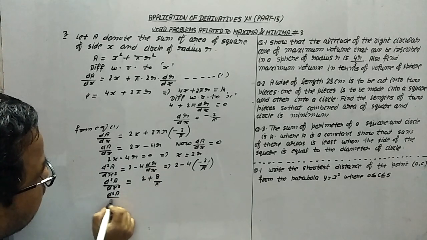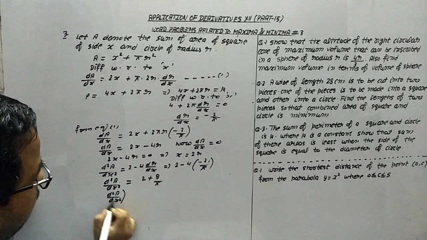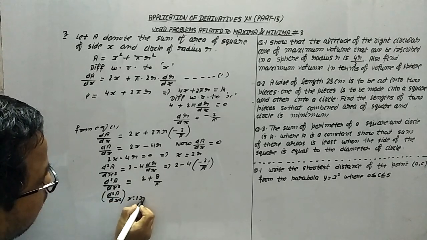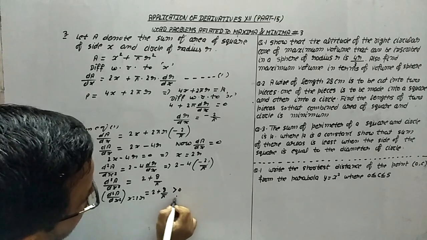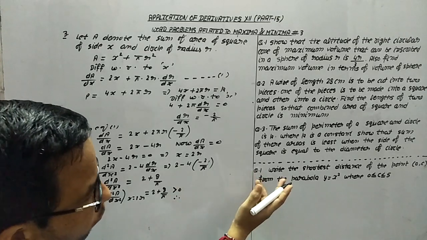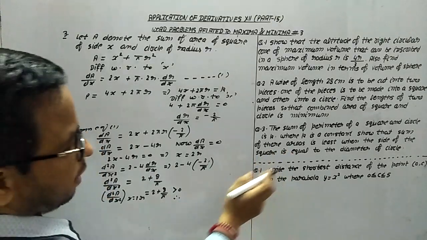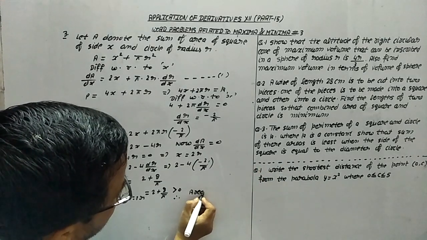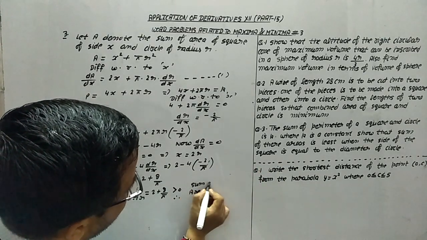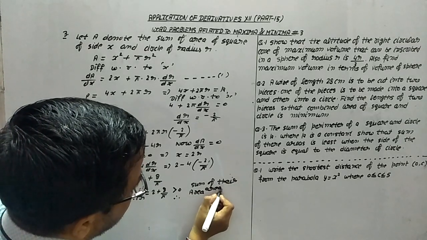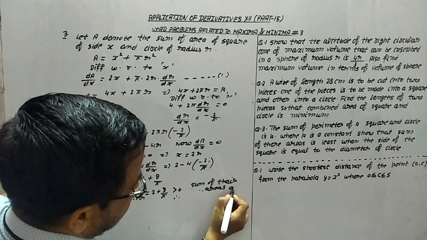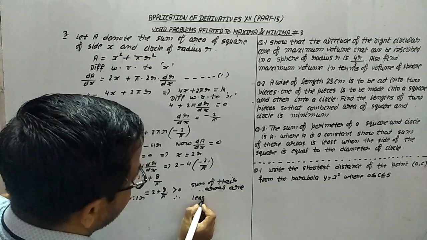Now d2A by dx square at x equal to 2r is 2 plus 8 upon pi, which is greater than 0. Therefore the sum of their areas is least.